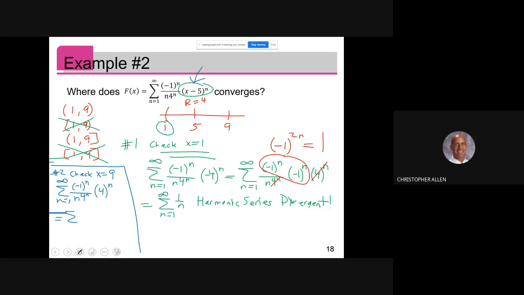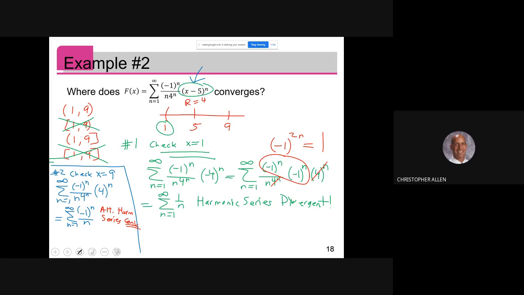The summation, n equals 1 to infinity of negative 1 to the n over n. Oh, guess what that is? This is our alternating harmonic series, which we know does what?